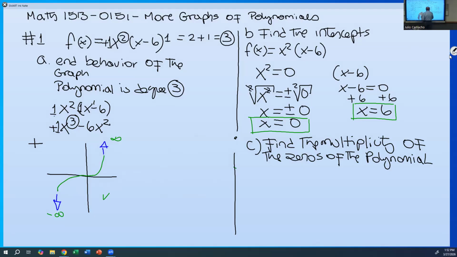So if we write my original equation again, f of x is equal to x squared times x minus 6. We know already, as we did in the beginning of this question, that the degree of the first factor is 2, and the degree of the second factor is 1.